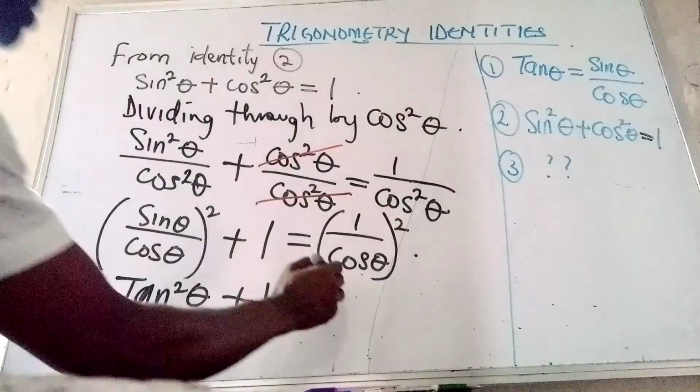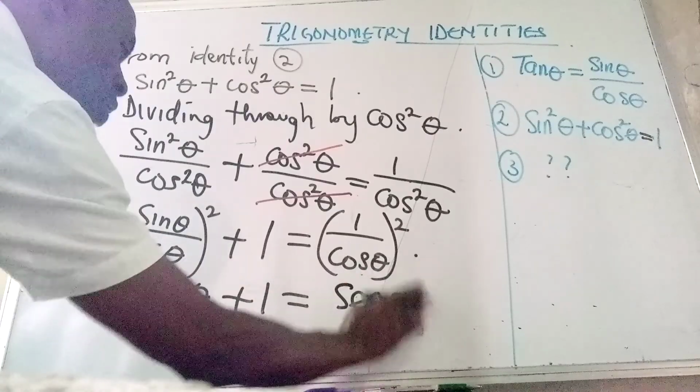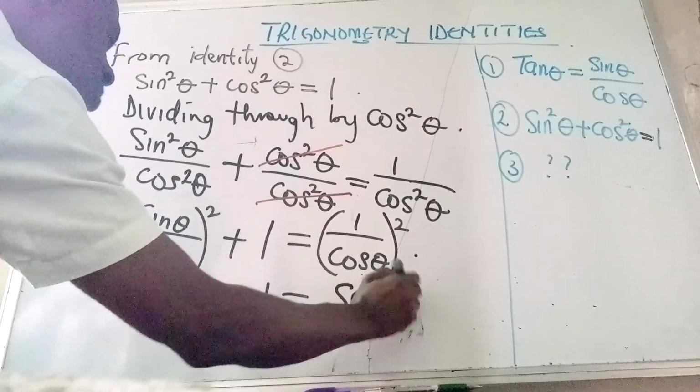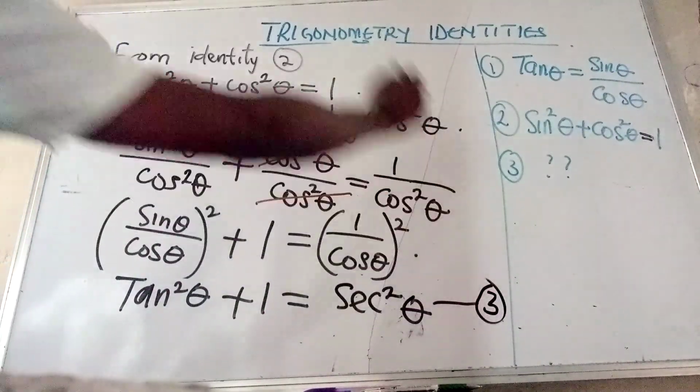That means this will be secant square theta. This will be the third identity.